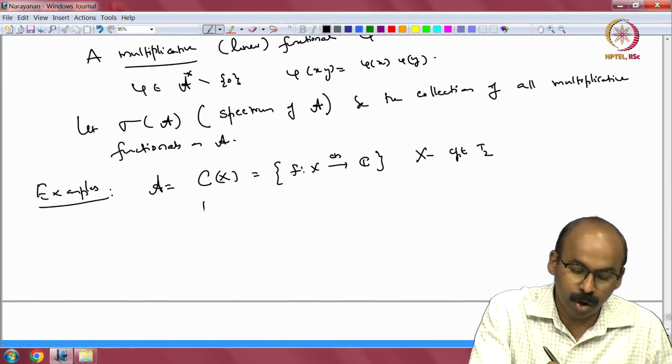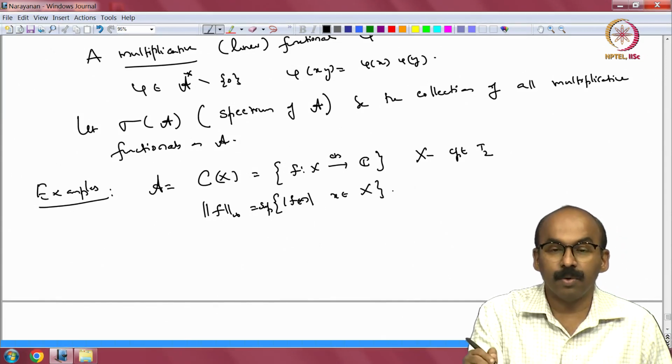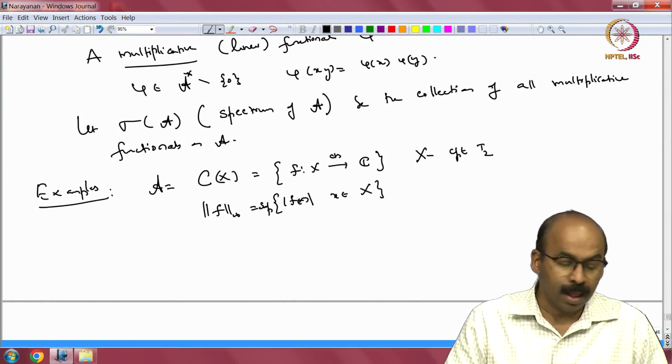The norm, generally denoted by the L infinity norm, is the supremum over modulus f of x, where x belongs to capital X. Then it is a Banach algebra, we have seen that.